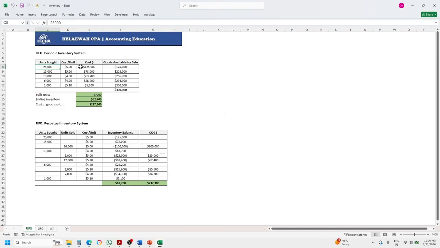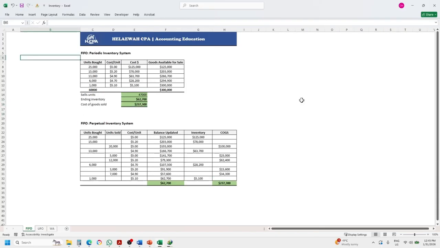We take 25,000 from the $5, 15,000 from the $5.2, and the remaining 7,000 from the $4.9. And this way we reach the cost of goods sold. And when we subtract it from the cost available for sale, we know the ending inventory. It's straightforward, no issue with that.